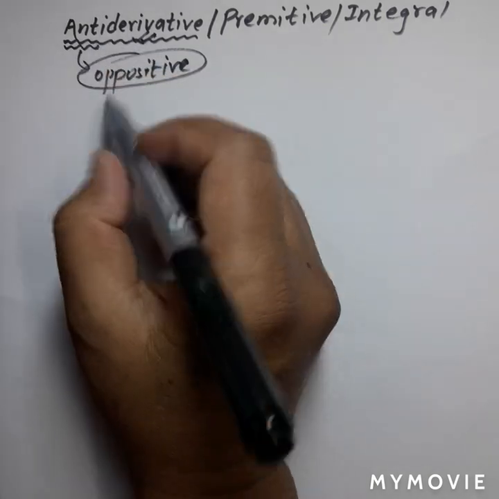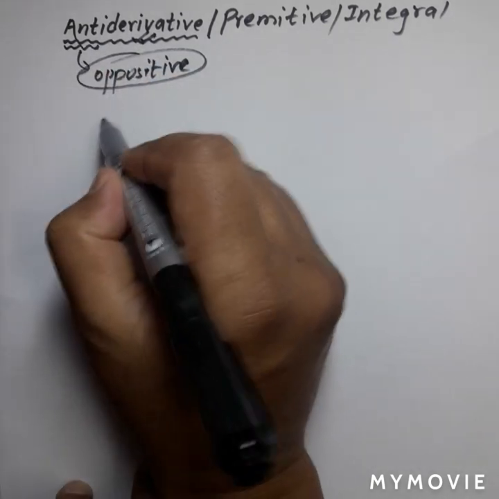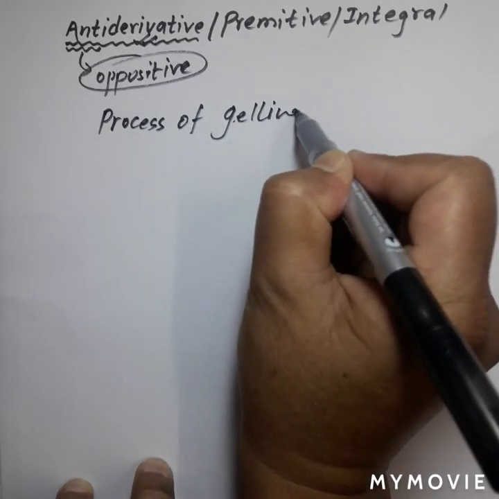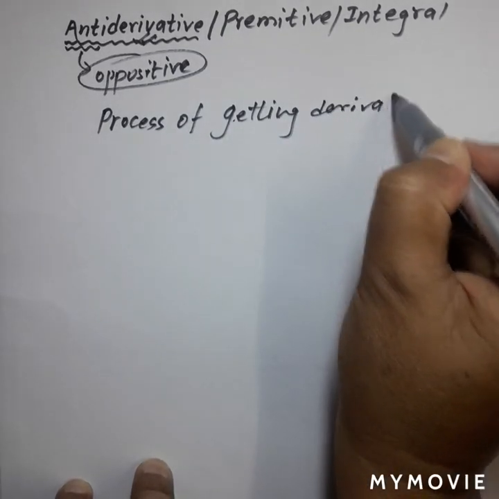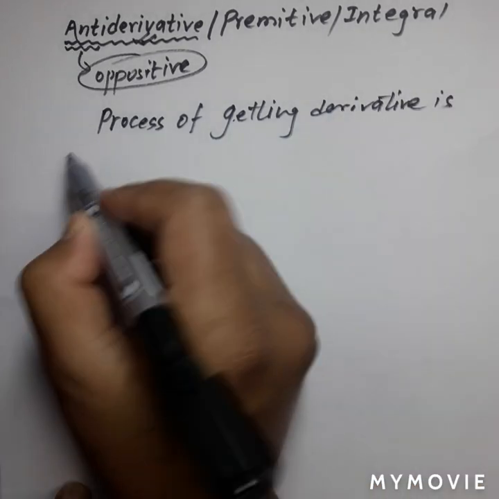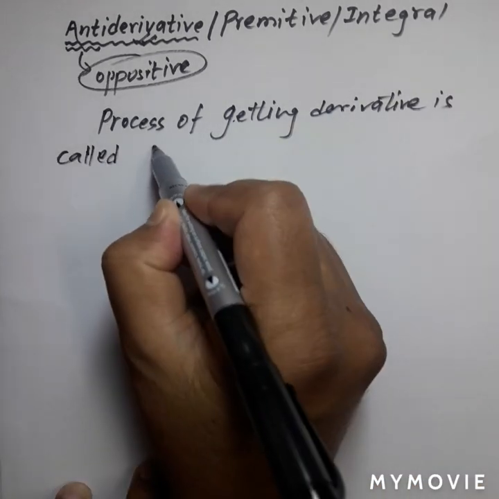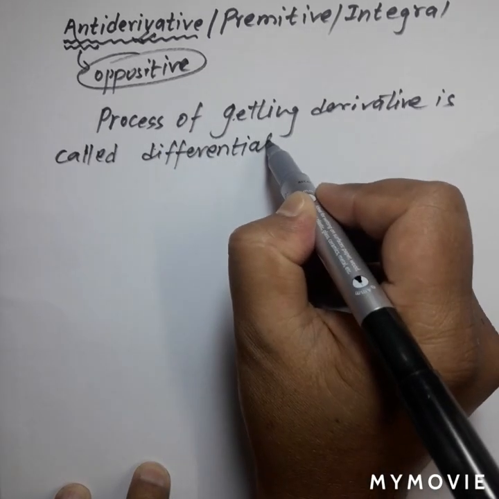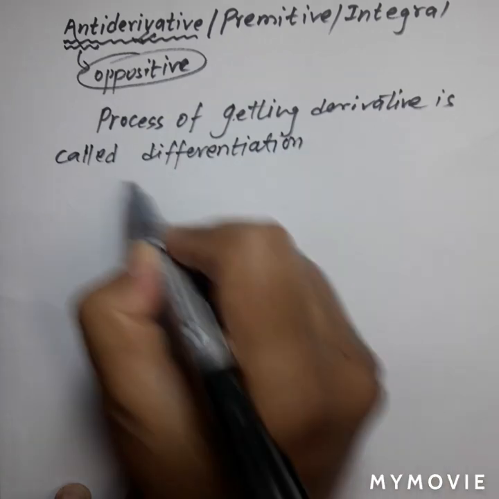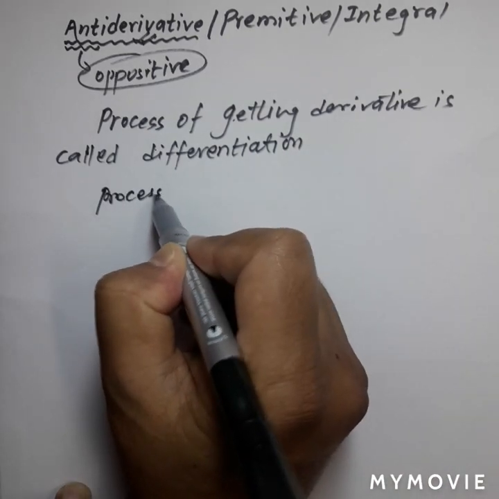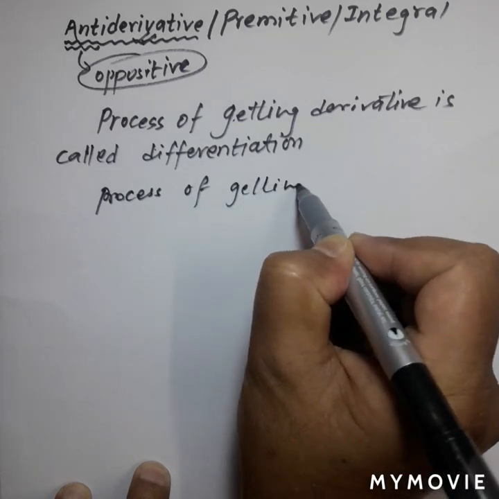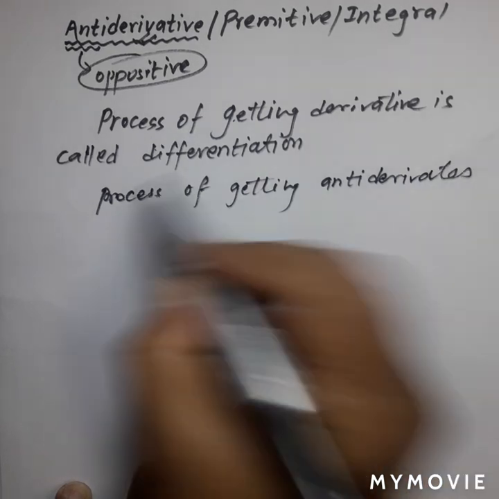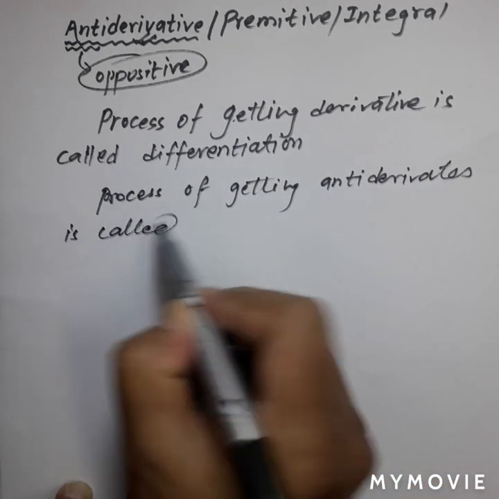And here the process of getting derivative is called differentiation, but the process of getting antiderivatives is called integration.